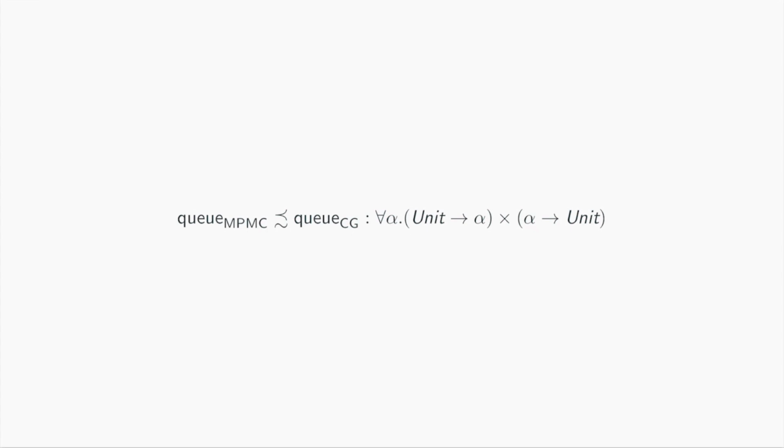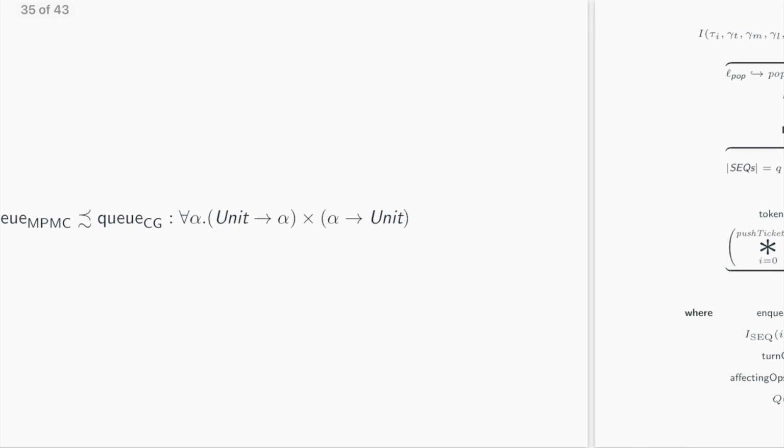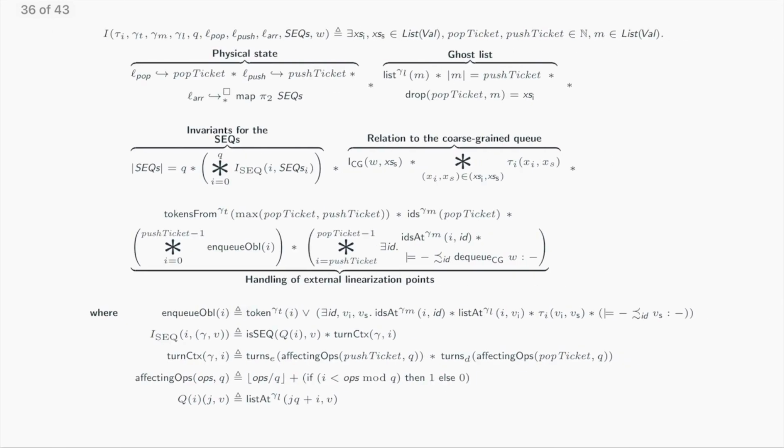And I don't have time to go into any details of this proof, but let's just take a quick glance at the invariant that we use. The invariant is the most important and intricate part of such a refinement proof. And this invariant contains a lot of moving parts to make everything work. It contains some very standard things.